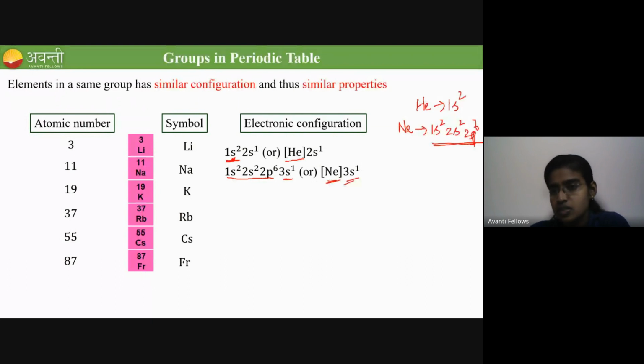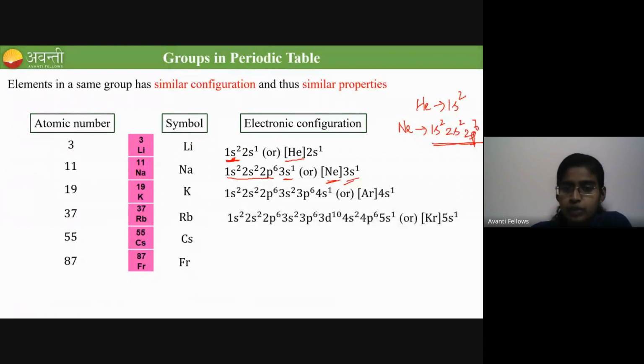And for potassium, same way, argon with 4s1. Then for rubidium, krypton with 5s1. And for cesium, xenon with 6s1. Such a very long, lengthy configuration it is. So I have given only the abbreviated part, that is xenon with 6s1 and for francium, radon with 7s1. Got it?